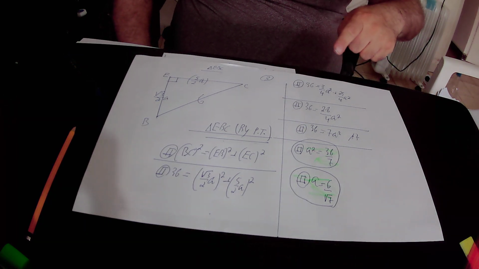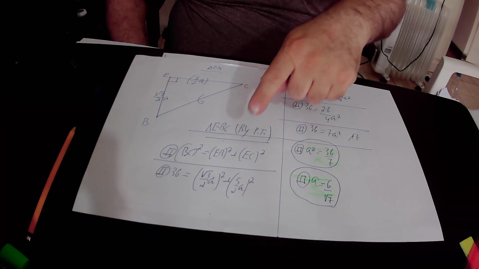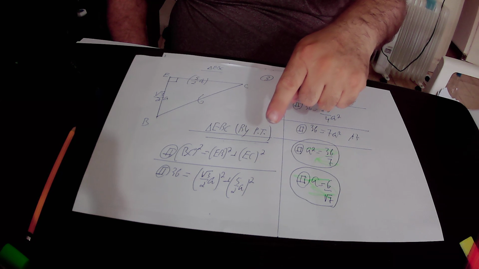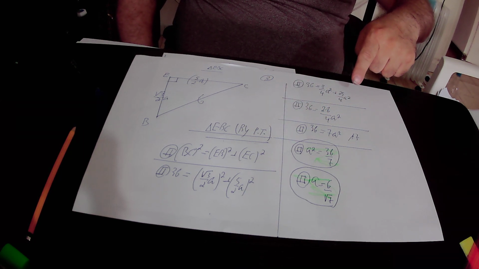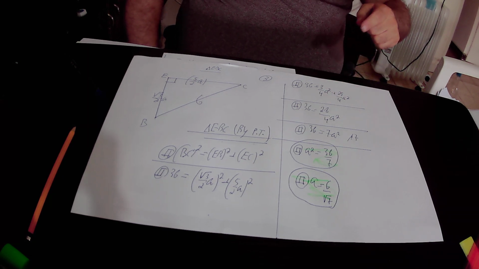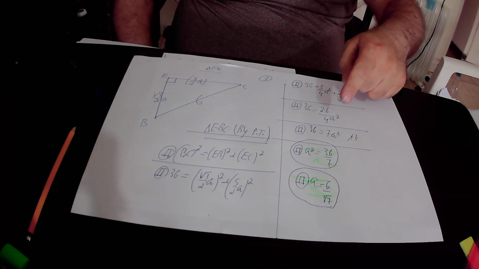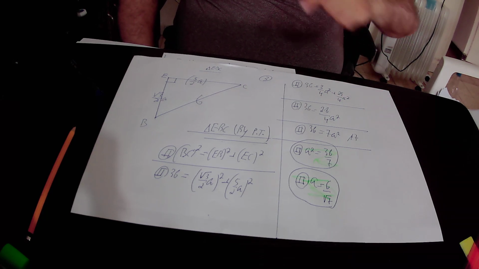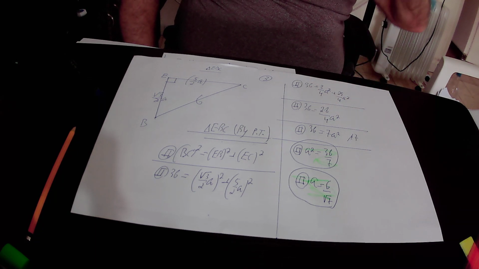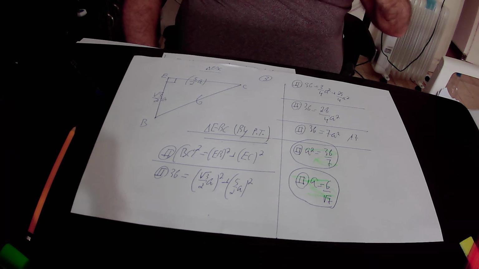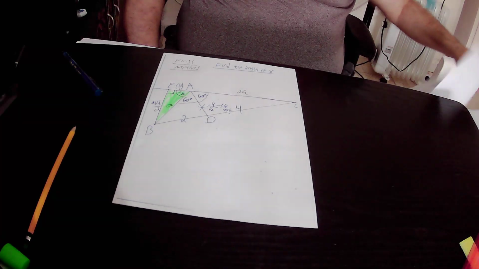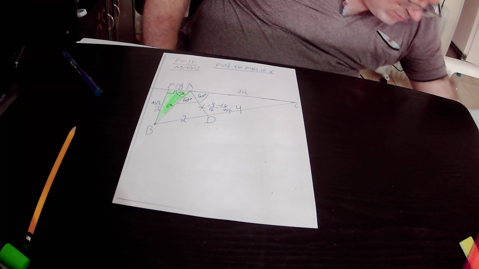So here we got that 36 equals 3 quarters times a square, plus 25 quarters a square. 3 quarters plus 25 quarters is 28 quarters times a square, and 28 over 4 is 7. We divided this equation number 2 by 7, and found out that a square equals 36 over 7. We took the square root of this equation, and found out that a equals 6 over square root of 7 units. So we found out the value of a.